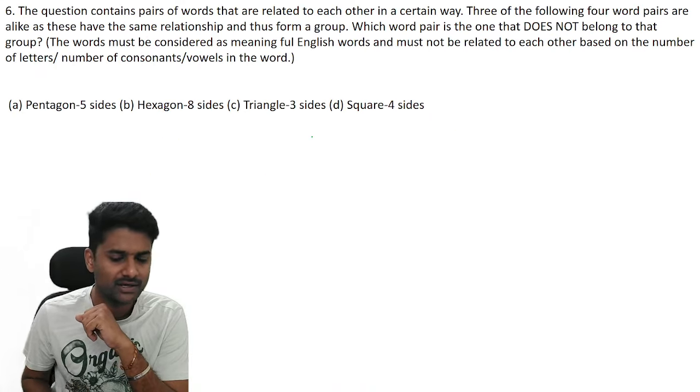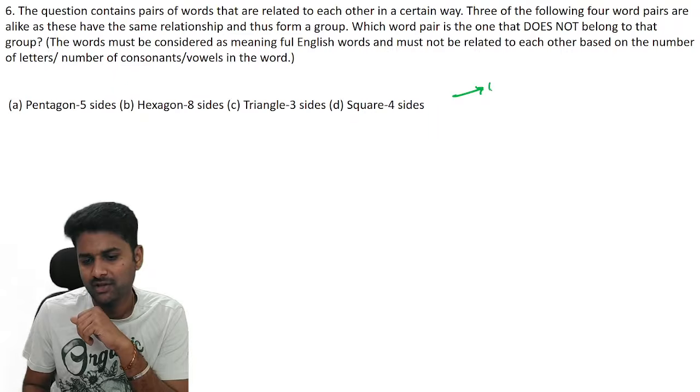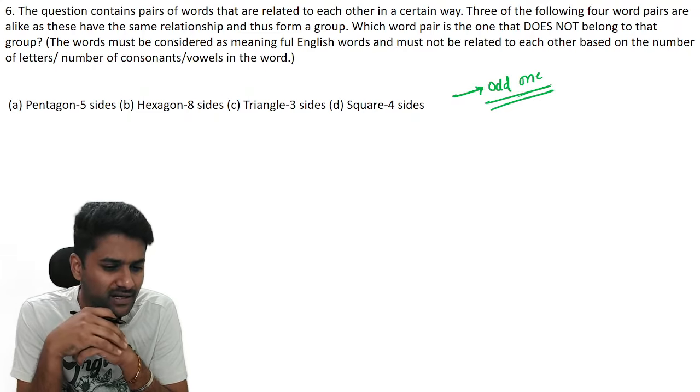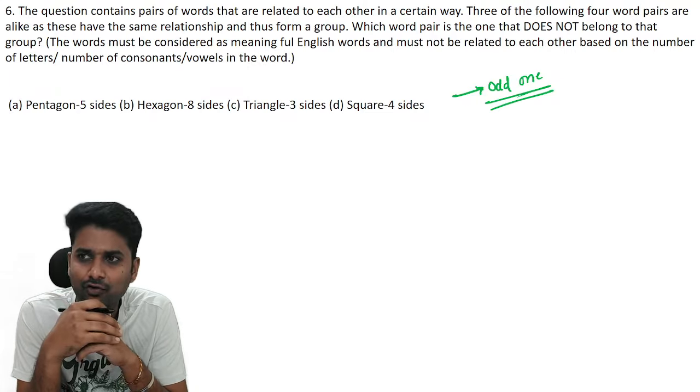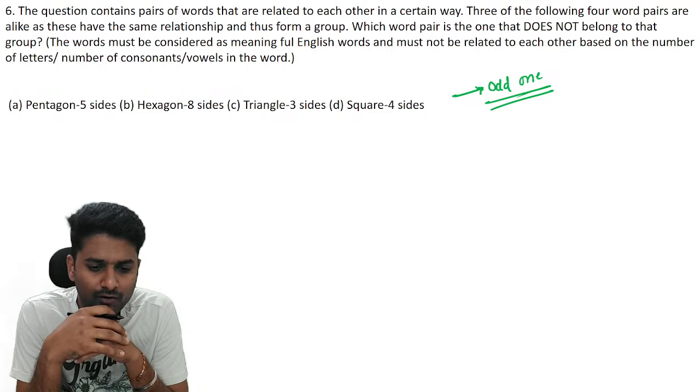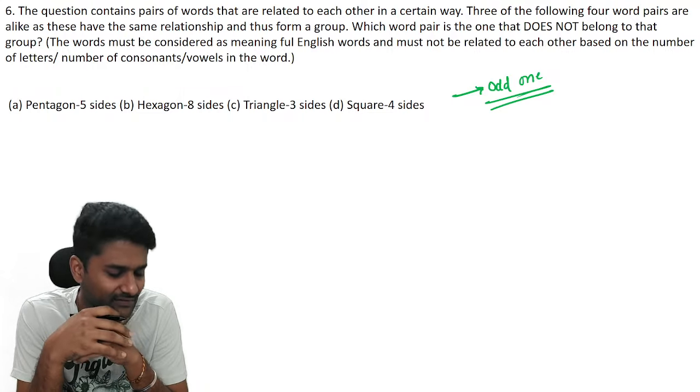And one more important thing: again pick the odd one out. Pentagon 5 sides, hexagon 8 sides, triangle 3 sides, square 4 sides. So out of four, which one is completely different?